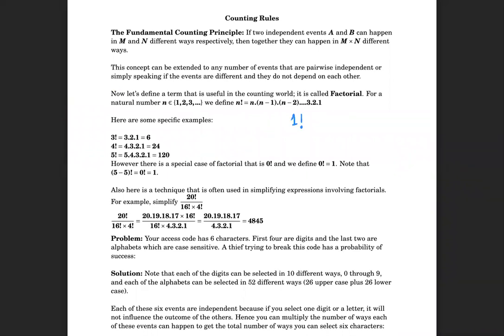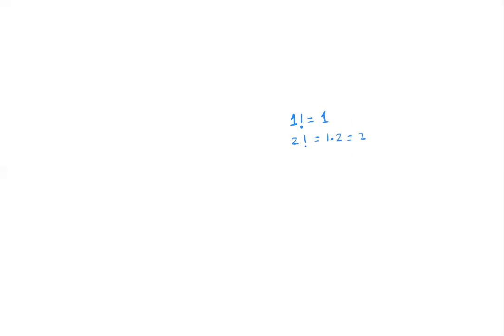We call it 1. 2 with an exclamation sign is going to be 1 times 2, which is equal to 2. 3 with an exclamation sign is going to be 1 times 2 times 3, or 6. 4 with an exclamation sign is read 4 factorial. 1 times 2 times 3 times 4, or 24. 5 with an exclamation sign is going to be 1 times 2 times 3 times 4 times 5, or 120.